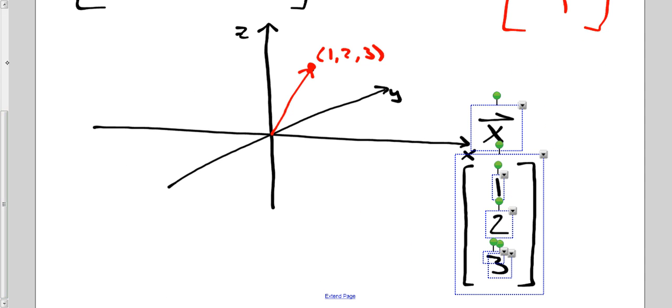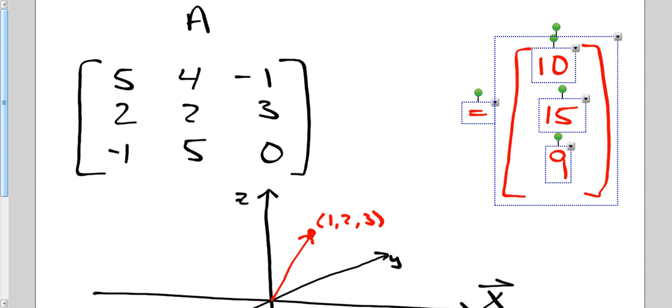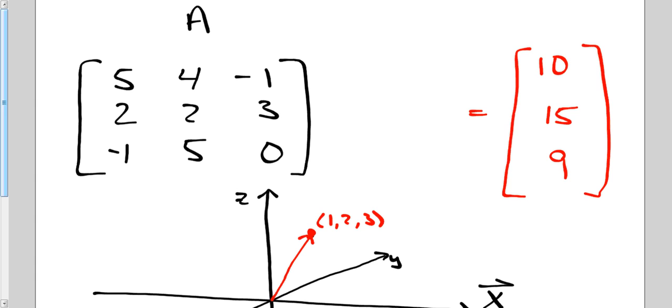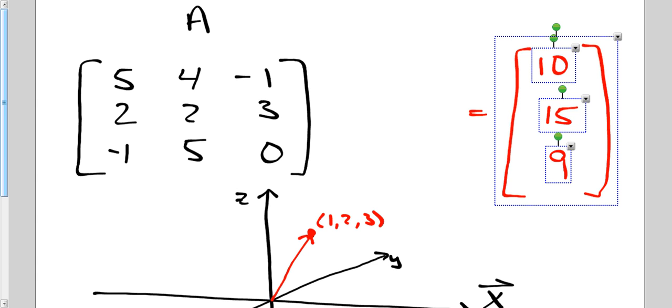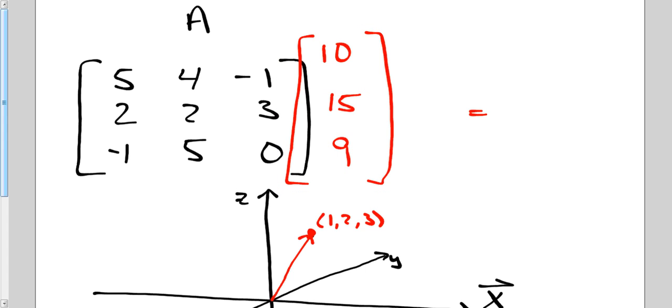And I want to take this guy, actually, that guy. Now I'll move it over here. Okay? And I have now I got an augmented matrix.